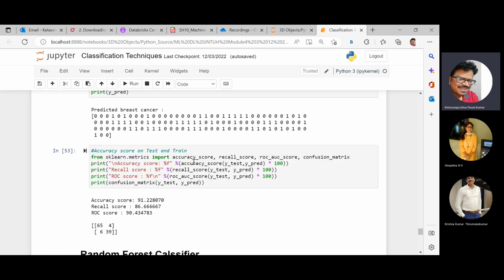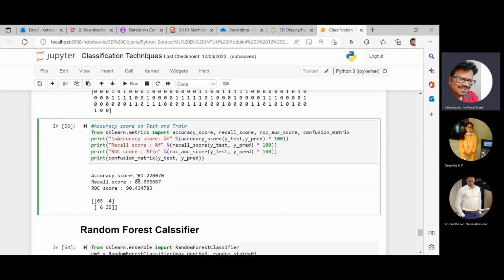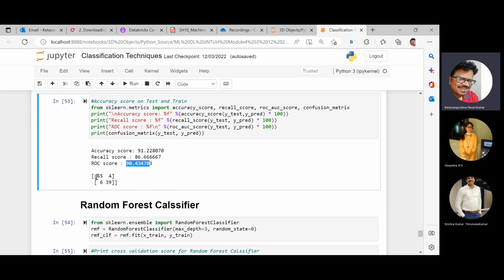Now, if you refer to the accuracy score, it is 91, which is surprisingly less than KNN and naive Bayes, and the recall and ROC too. Even the misclassifications are more in the decision tree.